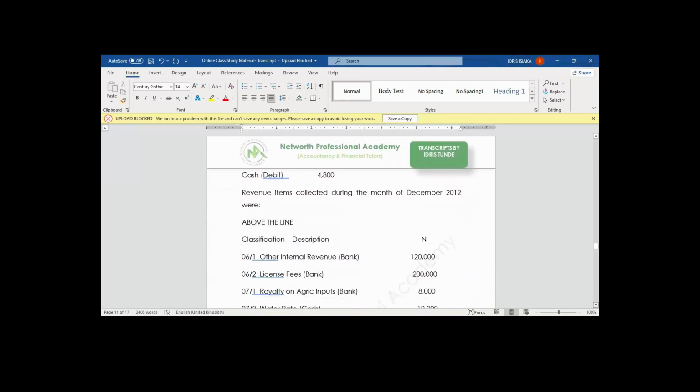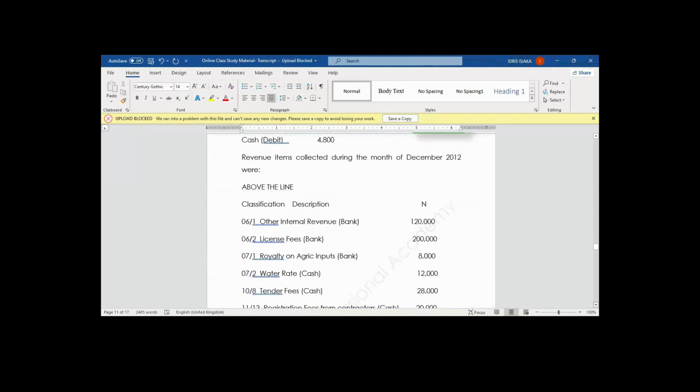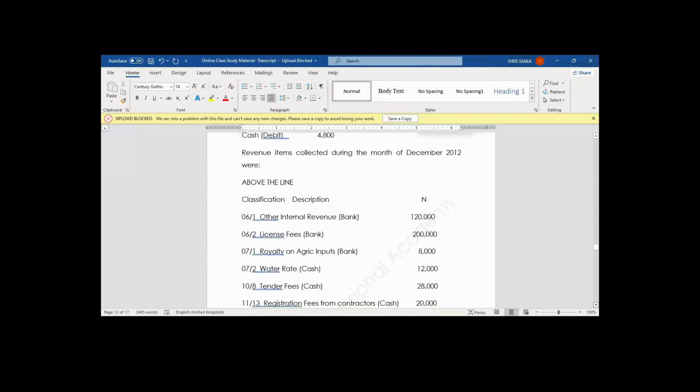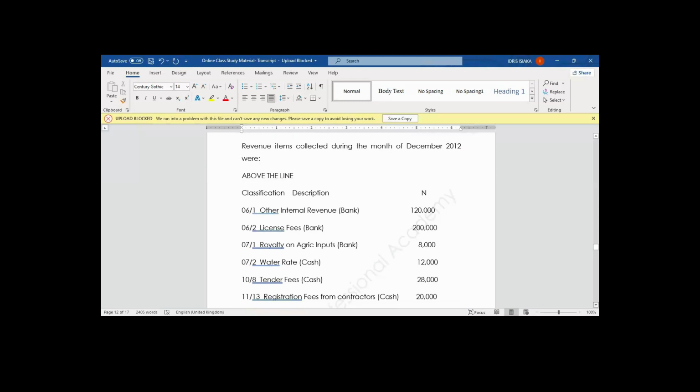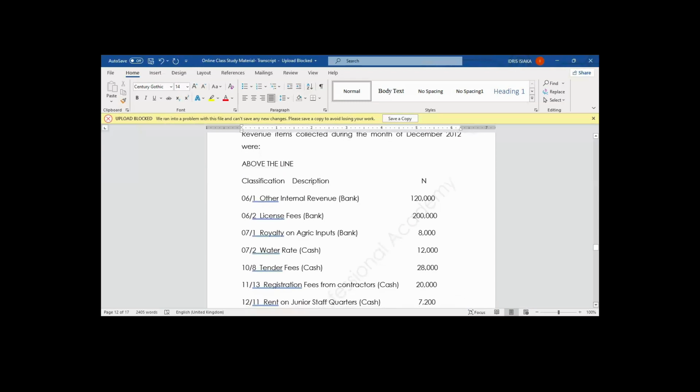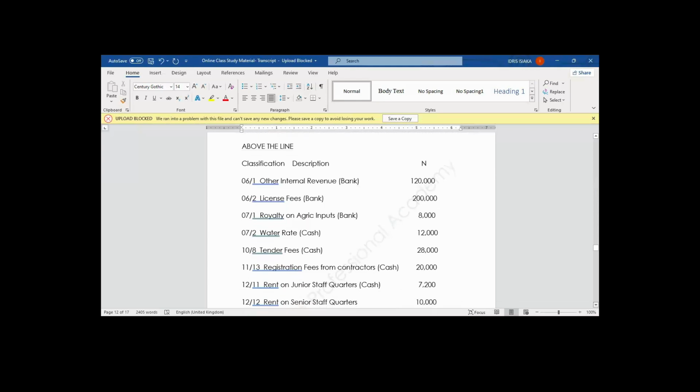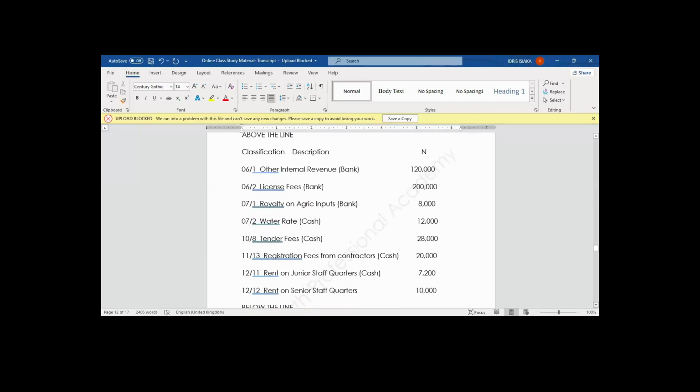Revenue items collected during the month of December 2012, above the line. Classification, description: 06/1, other internal revenue, bank 120,000 naira. On the 6th, license fee, bank 200,000 naira. On the 7th, royalty on agric input, bank 8,000 naira.